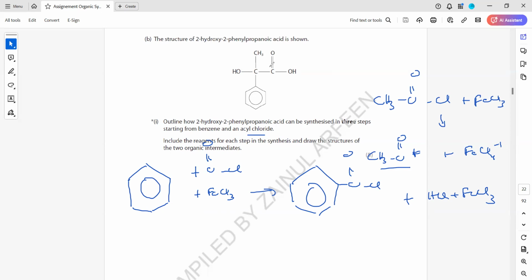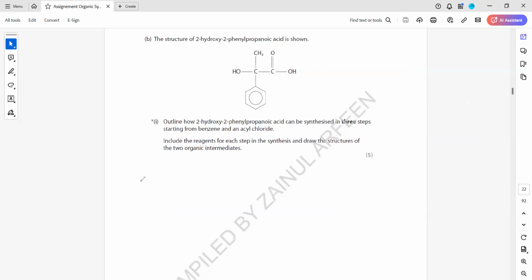A mixture of HCN and KCN should be used. So this was the first reagent. Now this is our first.